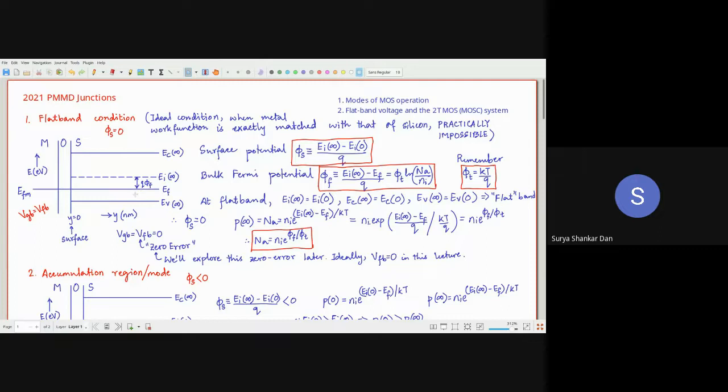So we have to deal with something called the flat band voltage, which we will see later. I will call this flat band voltage VFB a sort of zero error. This zero error terminology is something I have given; it is not in any textbook anywhere.